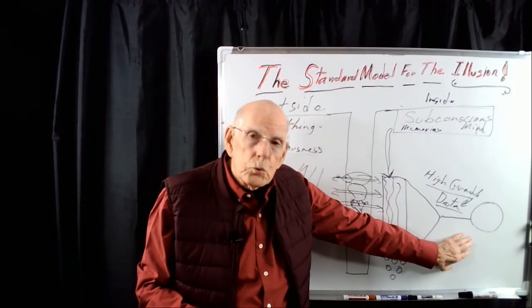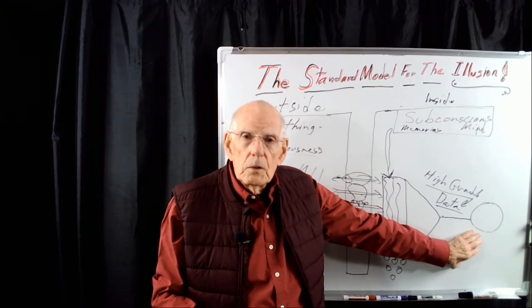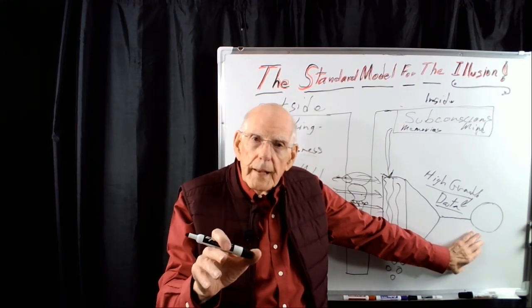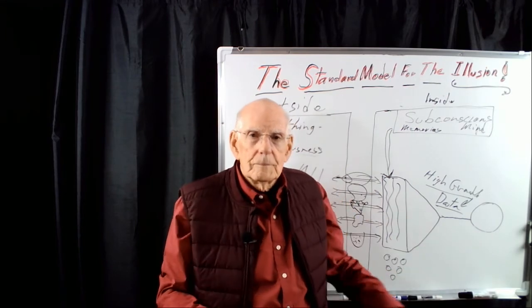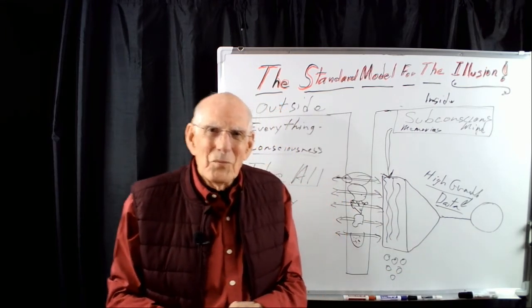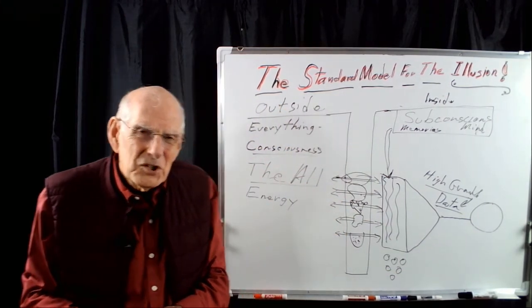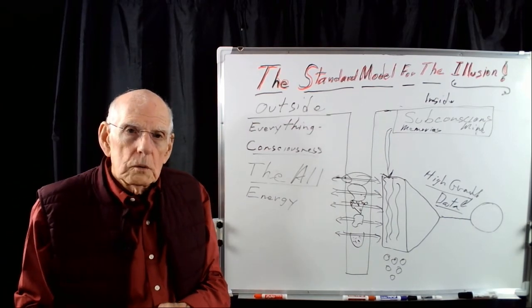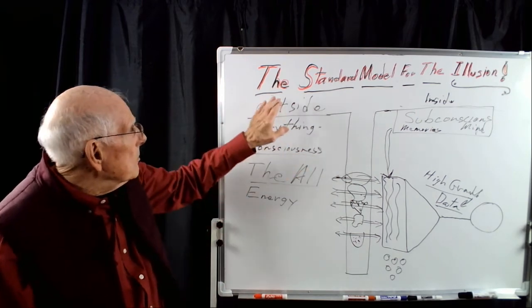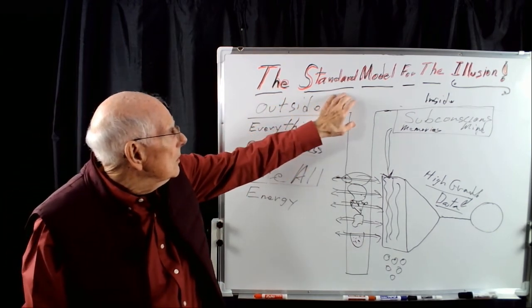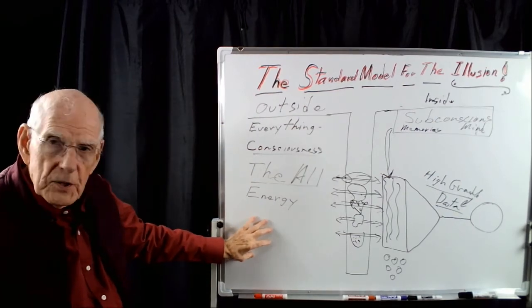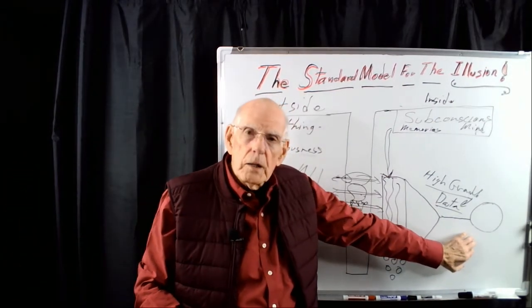This is how you use the data to create your unique individual world. Now, did you want to know that? Did you really want to know that you create your world? That's the standard model. Standard model for the illusion. Outside everything, inside your world.